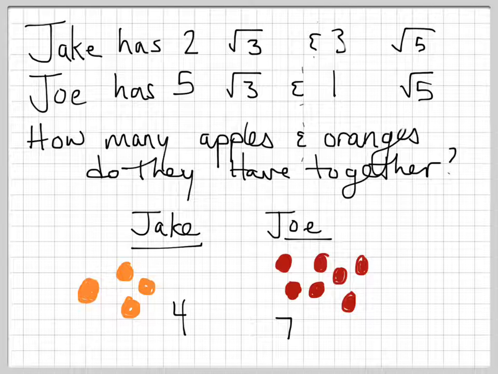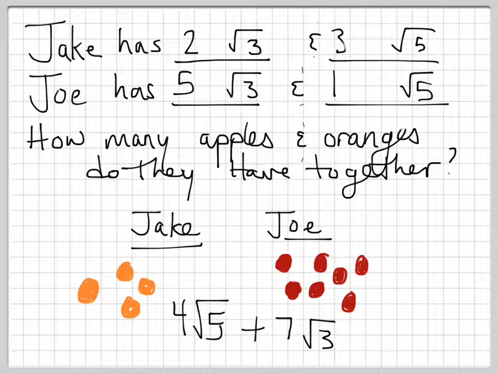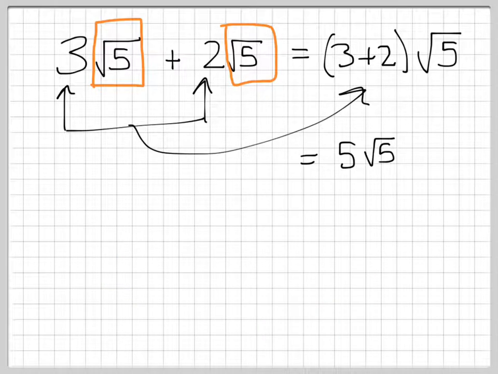Well, over here he'd have his 7 radical 3s and our 4 radical 5s, right? And so when we added everything together, we would add the radical 3s to the radical 3s and the radical 5s to the radical 5s, just like we would keep oranges with oranges and apples with apples.